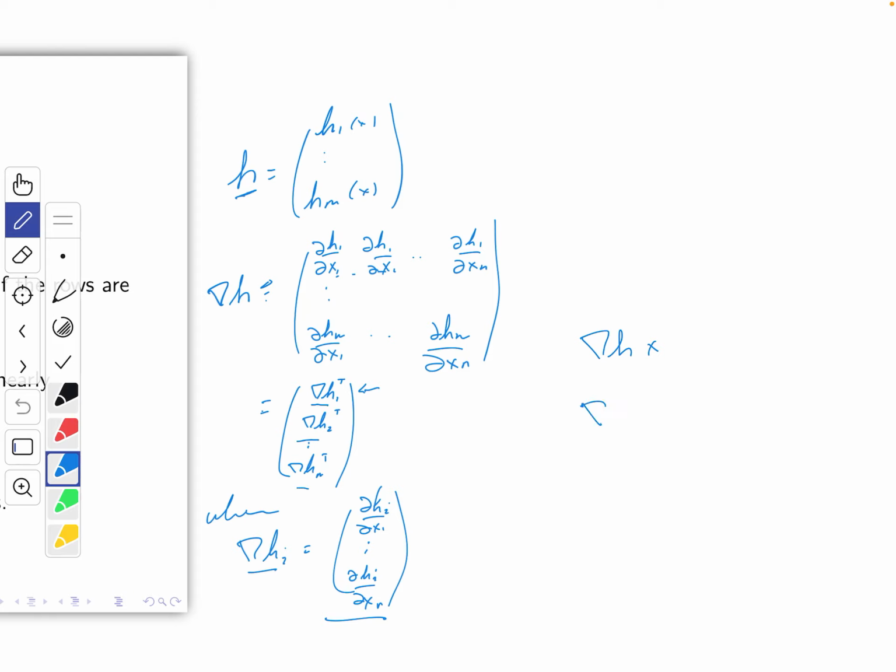So we're going to have del hi transpose times y minus x star equal to 0, for the set of all y's in Rn. That would be the tangent plane associated with this curve, and we collect all of those together, i equals 1 to m, and that gives us the tangent plane at x star. So we need each of these rows to be linearly independent.